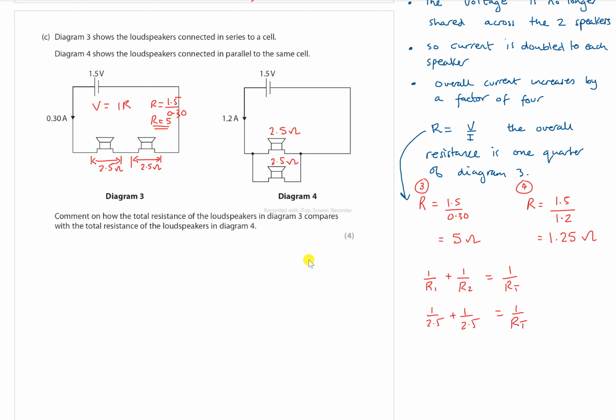And if you work that out on the calculator, it equals 0.8, and then RT will equal 5 over 4, which is 1.25 ohms.